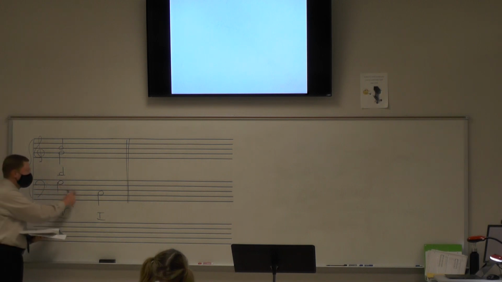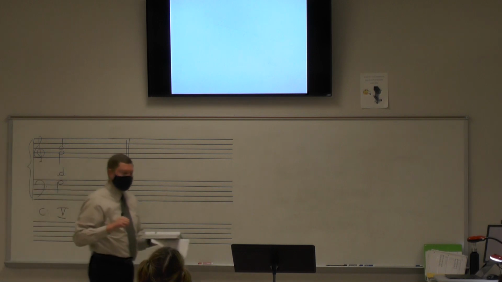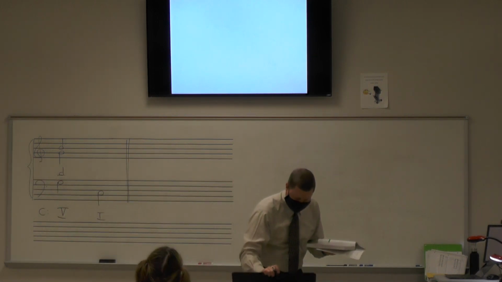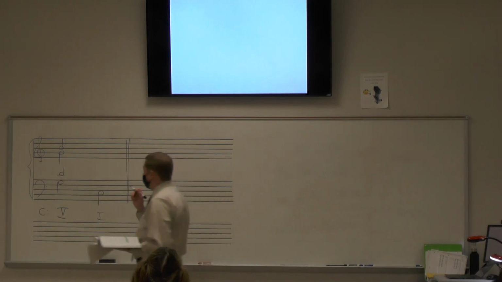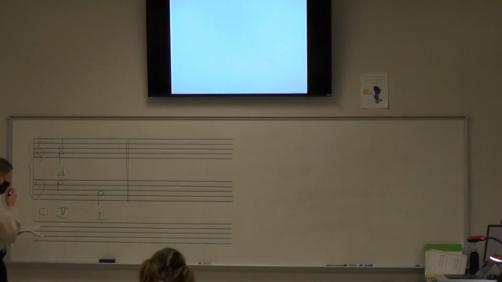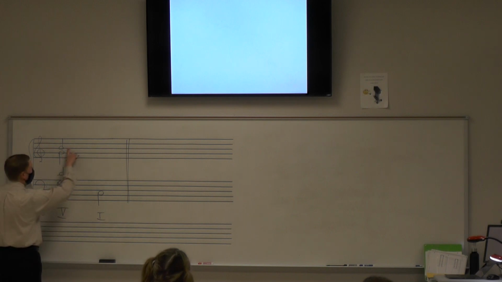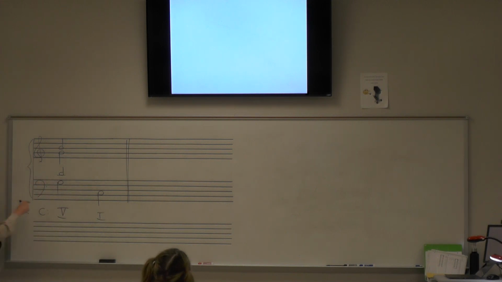Now, how far apart are the roots of these two chords? They're a perfect fifth apart, right? G down to C. Guideline number one is even listed in your book on page 83. Whenever two root position chords exist whose roots are a fourth or fifth apart, they will always share one common tone.